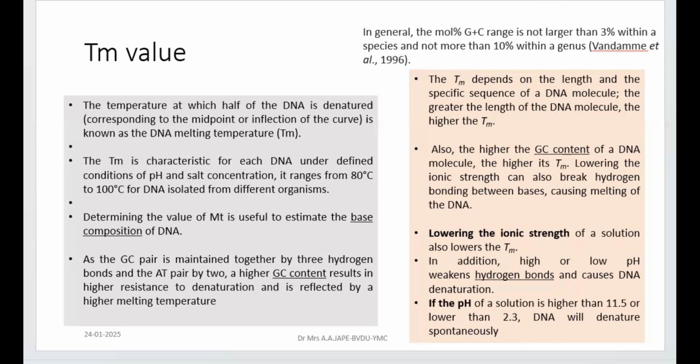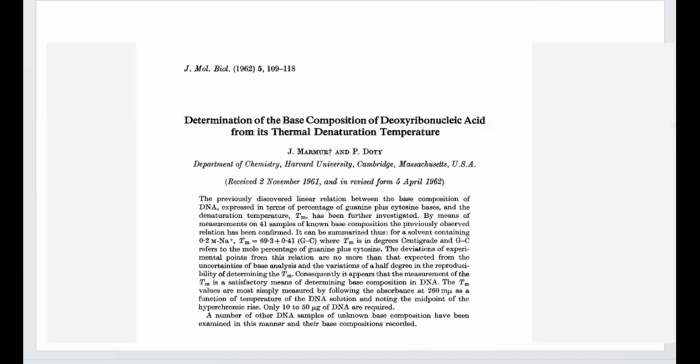Now, are there any different methods? When I say thermal denaturation temperature, how do I calculate GC? If you see this particular research paper, you will get to know that they had DNA sequences from different species, known sequences. That is, their DNA was sequenced by sequencing tools, so G+C content was already known to them.